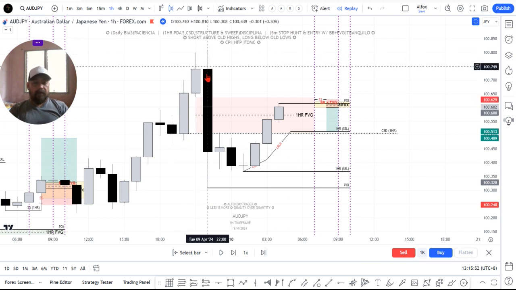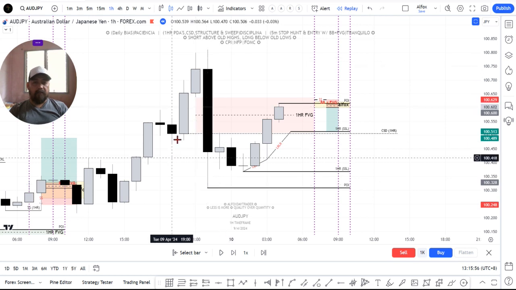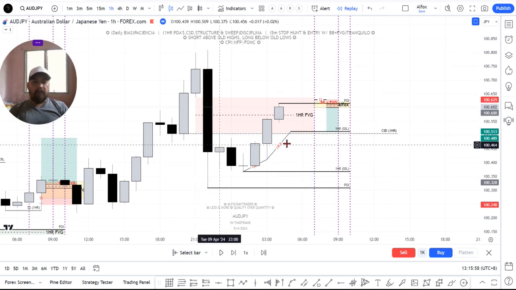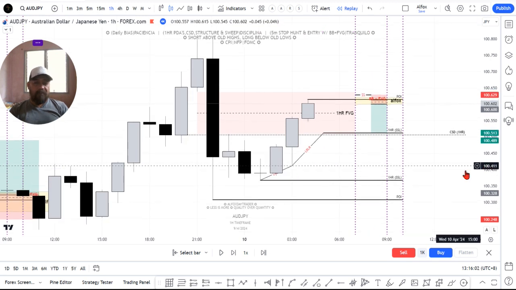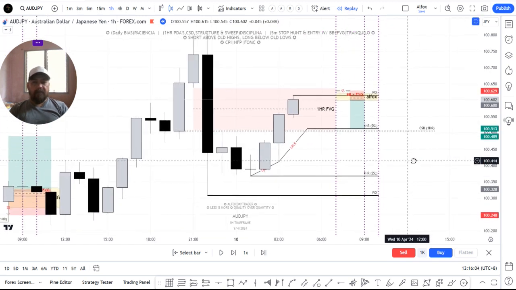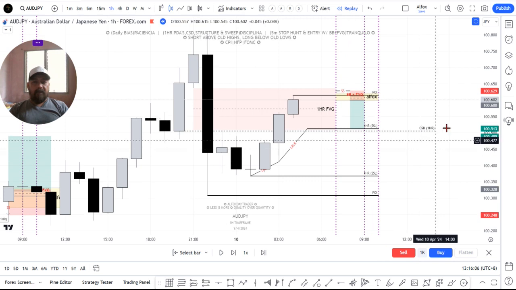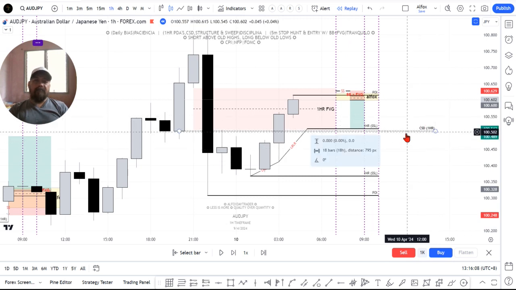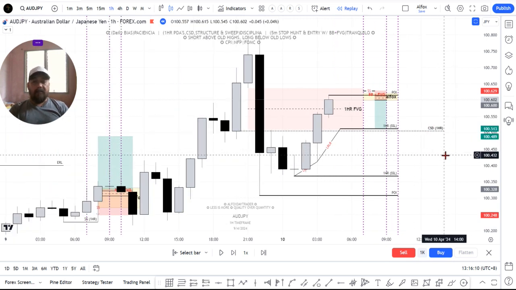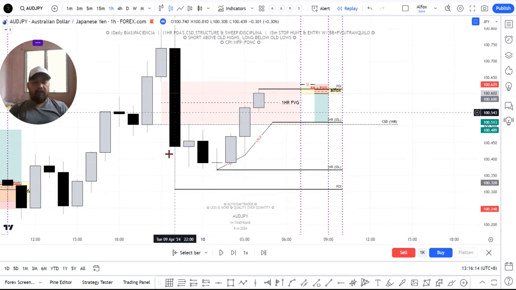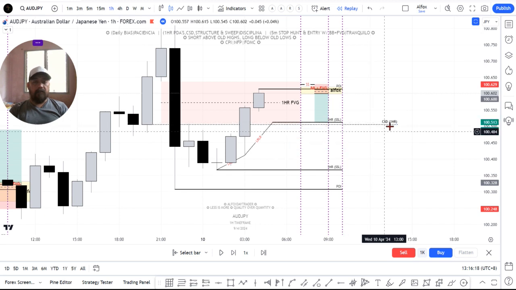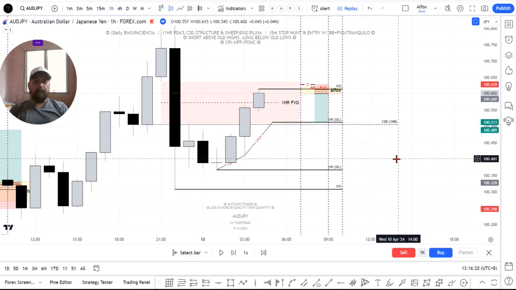Price had a big candle displacing this, which created our change in state of delivery. So as you can see, this gave me positive assurance that my bias was really right, because price has already broken this section, which created our change in state of delivery.